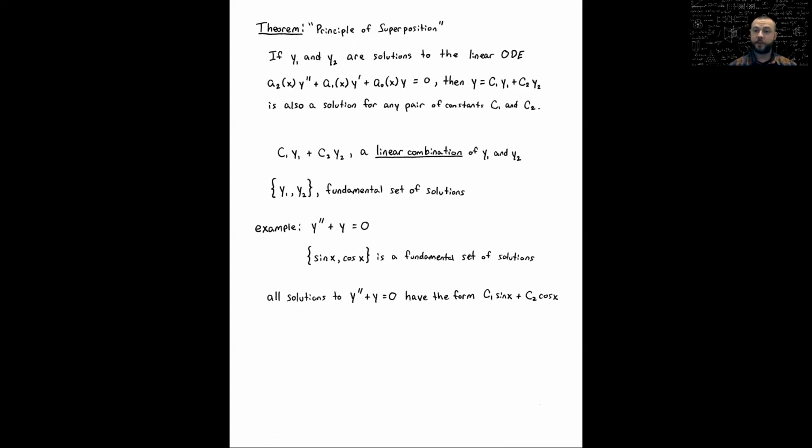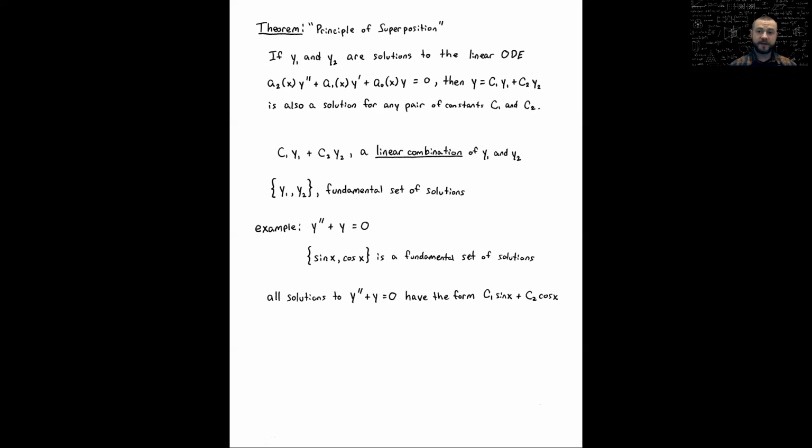Now some of the terms that we just talked about, we're going to write down and make precise. C1 times y1 plus C2 times y2, that's what we call a linear combination of y1 and y2. We're going to refer to the set of solutions, y1 and y2, as a fundamental set of solutions.